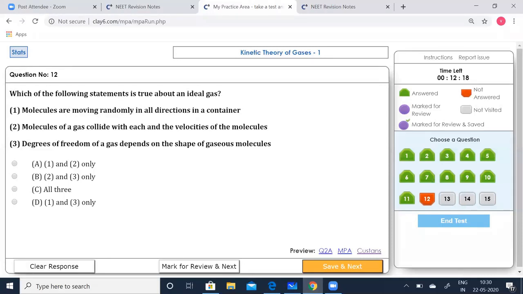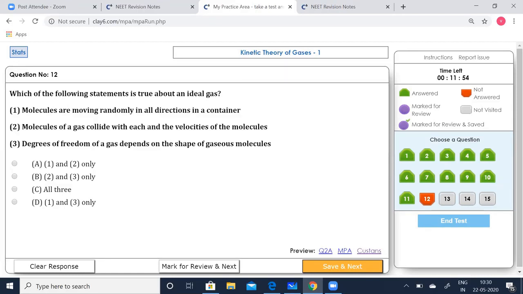Which of the following statements is true about an ideal gas? Molecules are moving randomly in all directions in a container. Molecules of a gas collide with each other, and the degree of freedom of a gas depends on the shape of the gaseous molecules. So let's see which is correct.